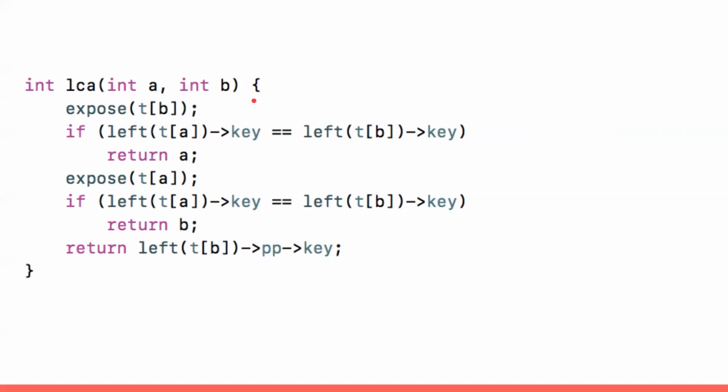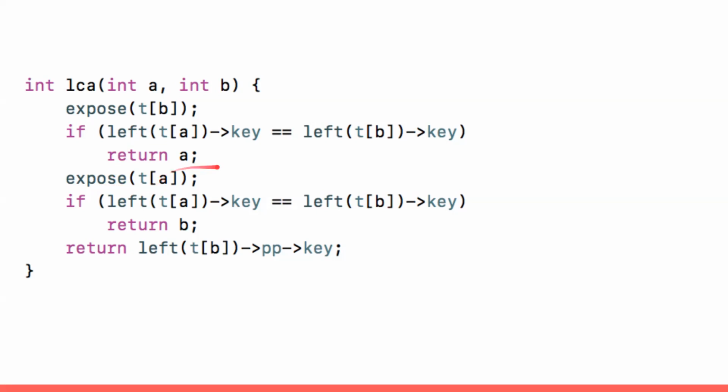If A is located there, then A will be in the splay tree that we just created. So we check if the leftist element in the splay tree of A is the same as the leftist element in B. If they have the same leftist element, they are in the same splay tree, and it means that A is located on the path between B and the root. So A is our LCA.